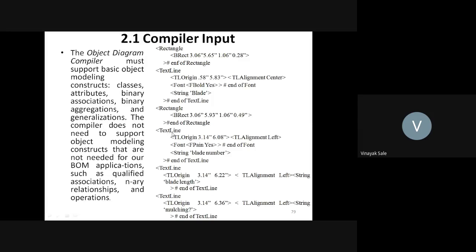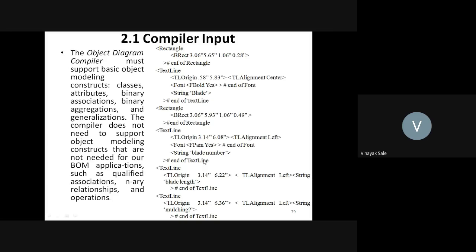The text line origin is 3.14 inch, then 6.08 inch. The text line alignment now we have taken is left. Then the font is F pen, then end of font. Then the string is blade number. The previous string was blade; now this string is blade number, and end of text line.